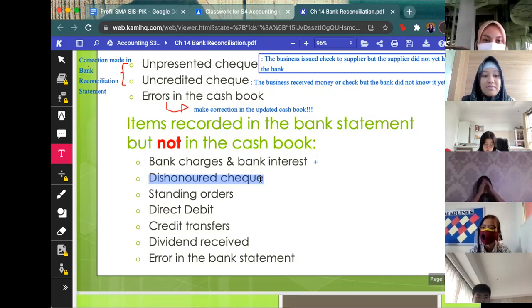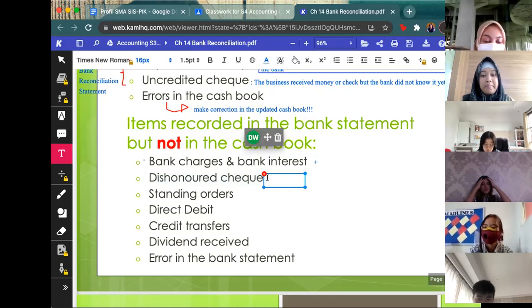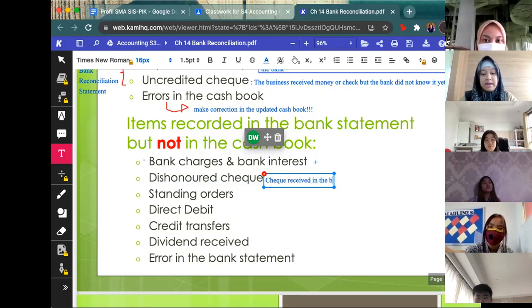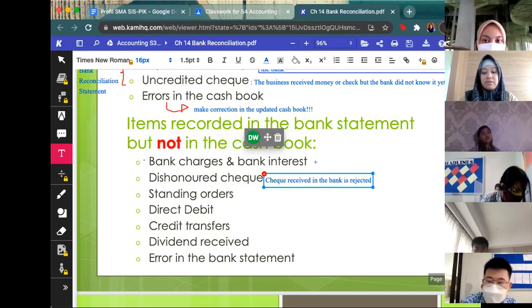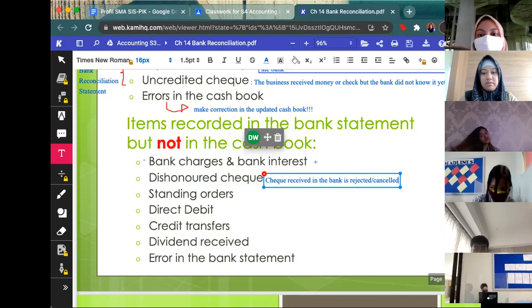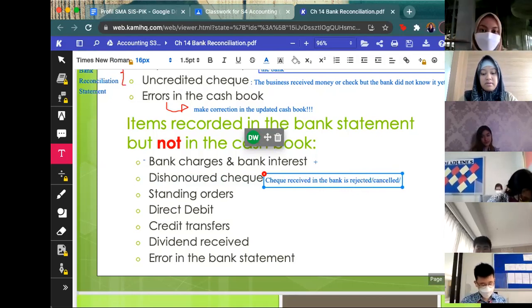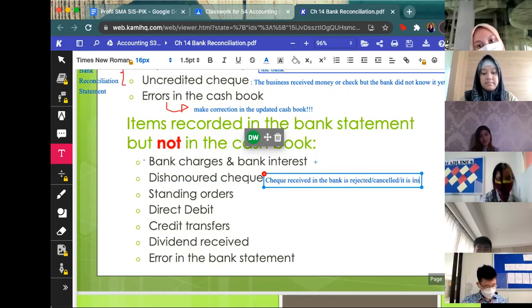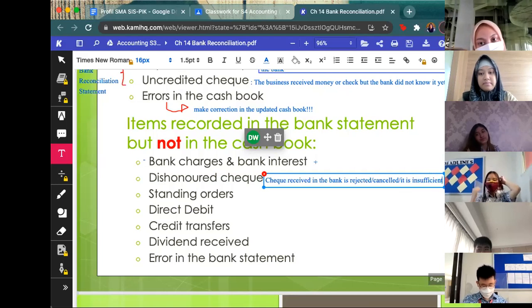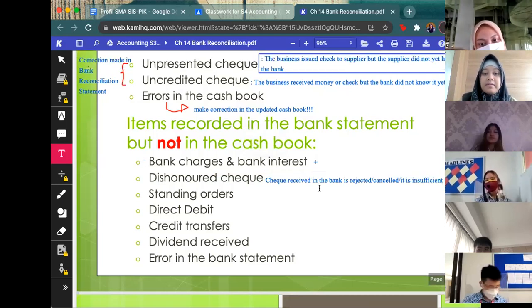It happens also. Once again, a check received in the bank is rejected or canceled, or there are insufficient funds.